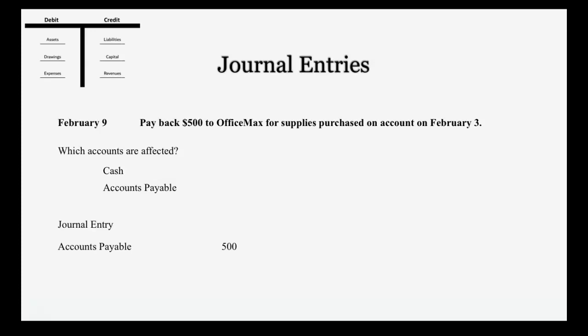Because we need to show that we owe less money now than we did previously. So we'll debit our accounts payable and we will credit our cash. So it's important to remember that any account can be debited and any account can be credited. It all just depends on what you're trying to do in that journal entry.